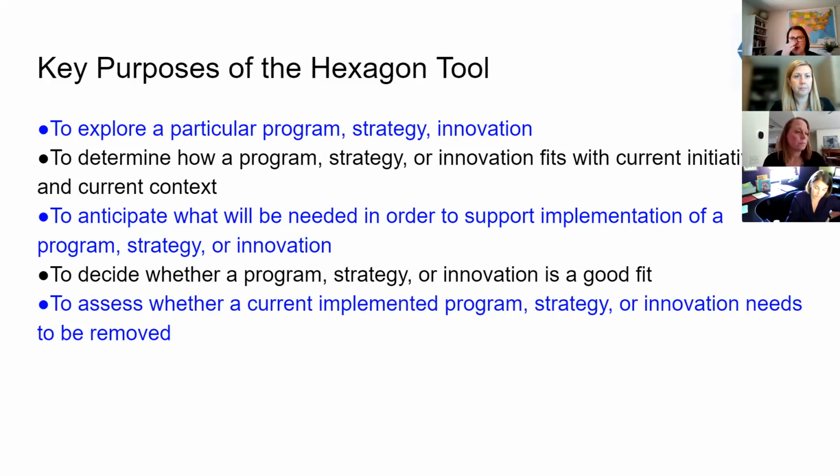It can be a little awkward when you do that because you're like, well, we already picked it, so we've done some research on it, but it has some key questions that might have you look a little bit deeper to see how you're implementing that strategy to determine if it's still working. And it helps you anticipate those needs that you might have in order to support the implementation of this particular strategy if you determine that you want to move forward with it.